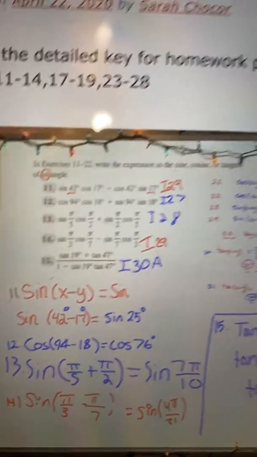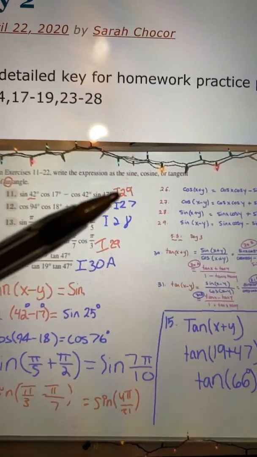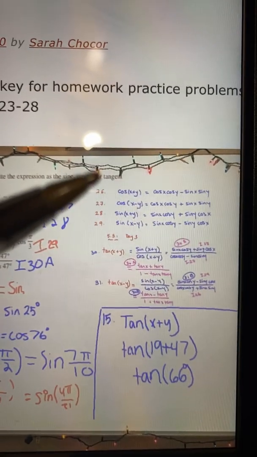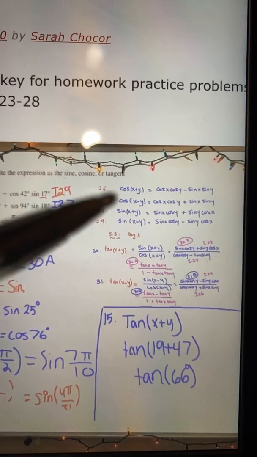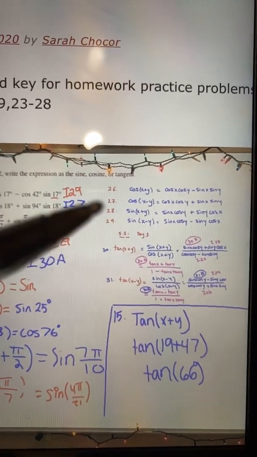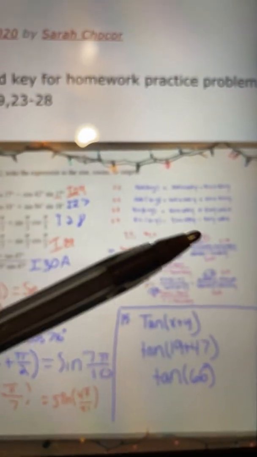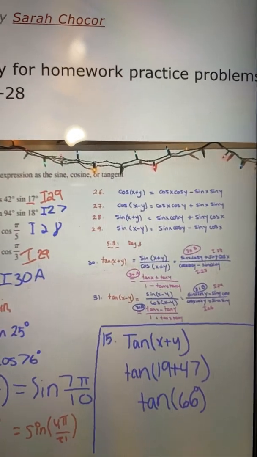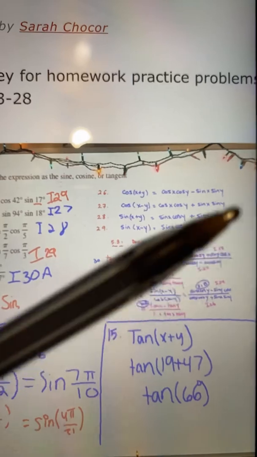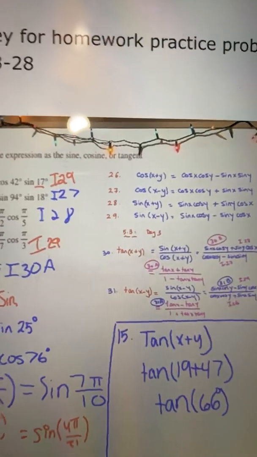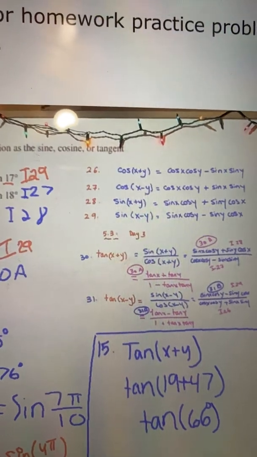So how did I know that it's identity 29? I compare. I see sine and cosine mixed together, so it's not the first or the second, so it's not 26 or 27. So it could be 28 or 29. I see a plus, and a plus means sine of x plus y, but the minus would be the sine of x minus y.